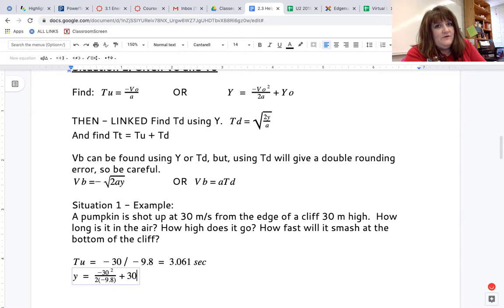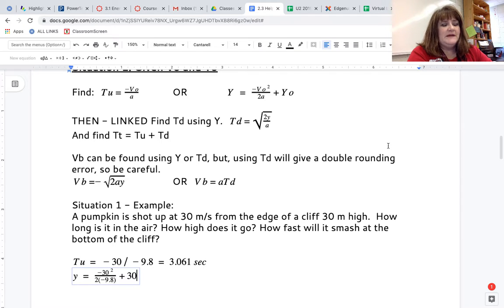Be very careful when you put this into your calculator. If you're typing it straight in, you're going to need double parentheses, or at least parentheses around the fraction plus the other 30. So this is negative 30 squared divided by, okay, so I was in my handy dandy calculator, right? Put parentheses, negative 30 squared divided by 2 times a negative 9.8.